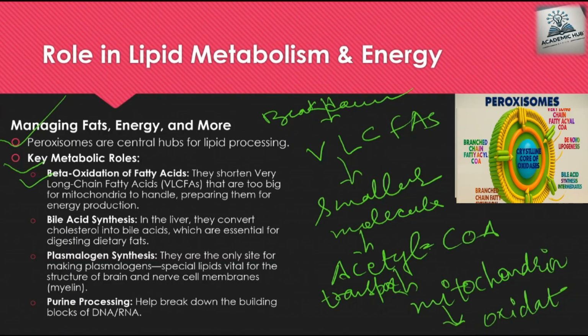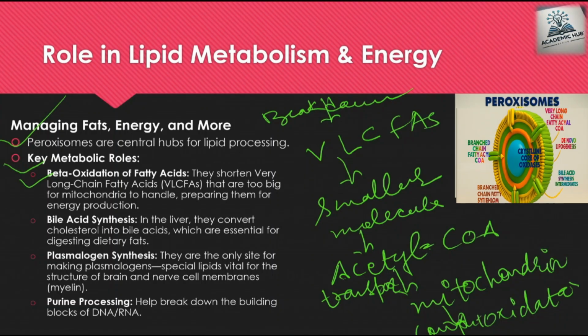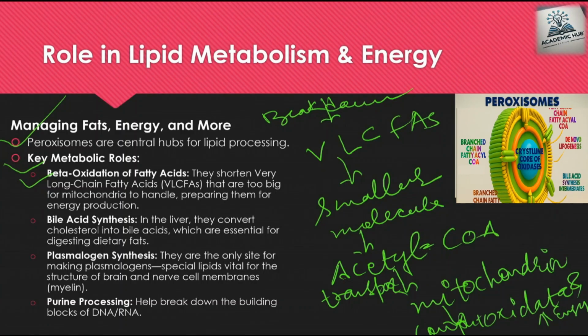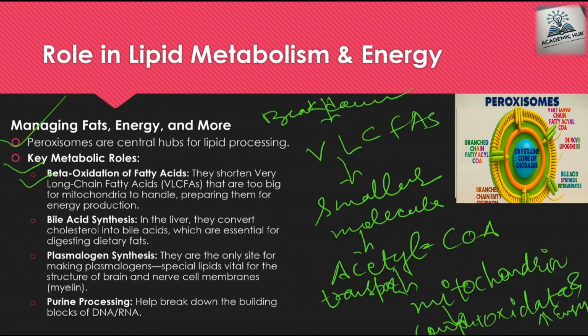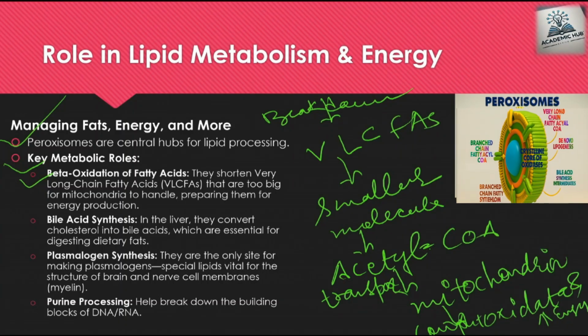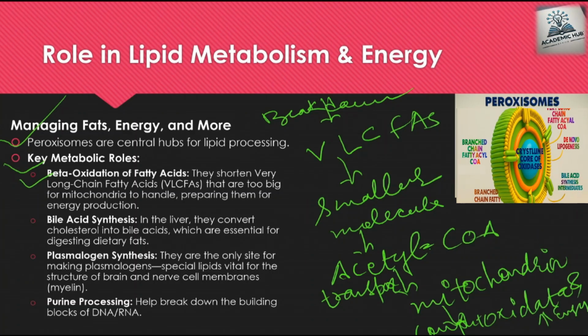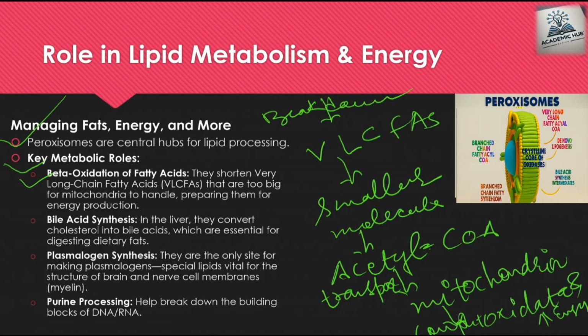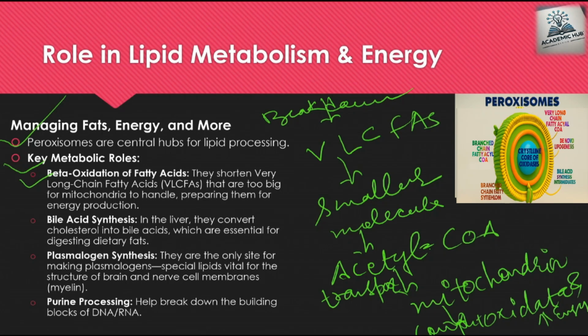Critically, peroxisomes are uniquely capable of processing very long chain fatty acids, which have 22 or more carbon atoms and are too large for mitochondria to handle directly. They also break down branched chain fatty acids like phytanic acid, which cannot be metabolized in mitochondria.